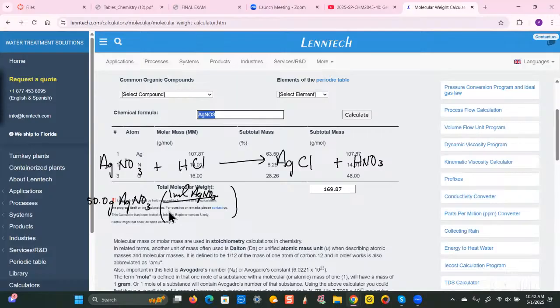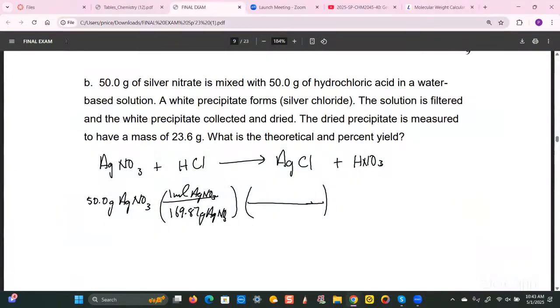So that goes here, 169.87 grams of AgNO3. And then the next conversion factor is the mole ratio between the silver chloride and the silver nitrate, so that's 1 to 1, 1 mole AgCl, 1 mole AgNO3.